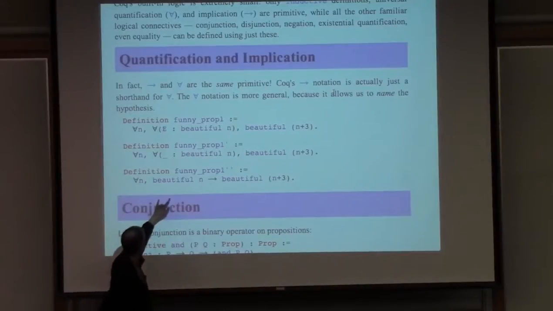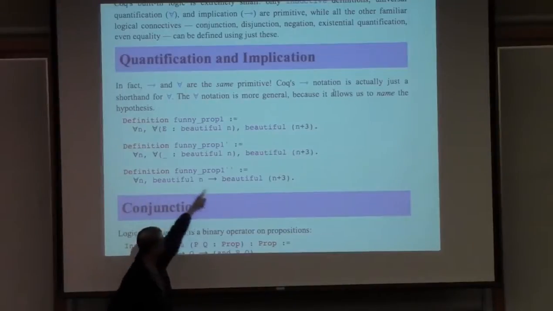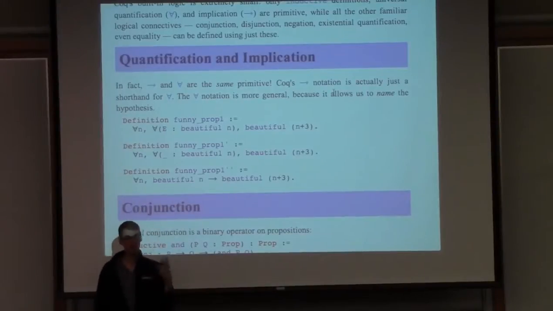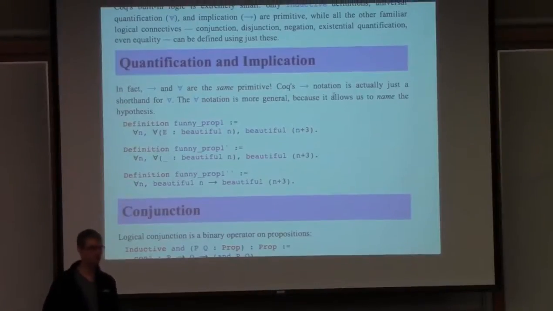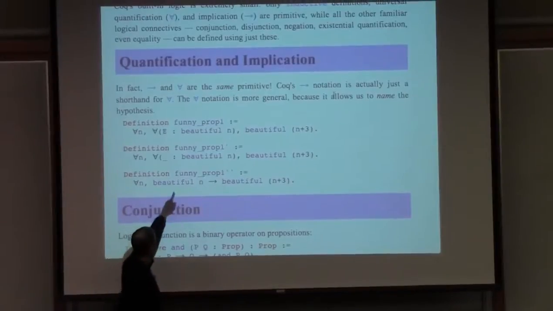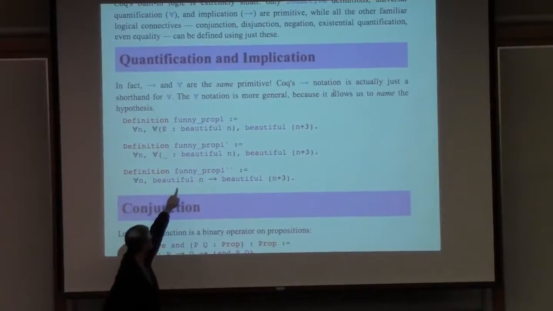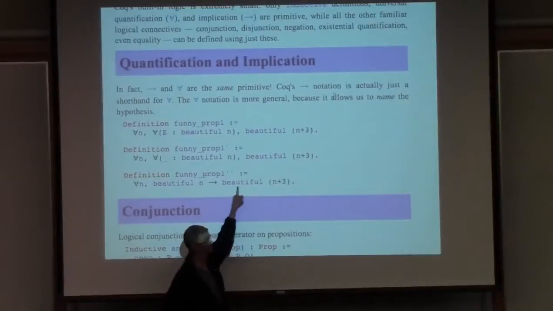Notice that intuitively, this piece of evidence is a two-argument function. It takes n, and it takes a piece of evidence that n is beautiful, and it returns evidence that n plus 3 is beautiful. So we could name this evidence. We're not going to use that name on the right-hand side here.